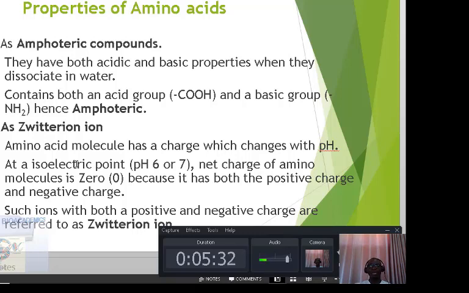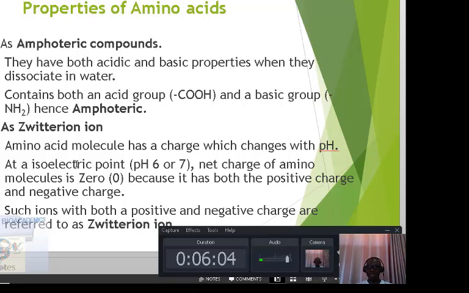When exposed to an acidic environment, the amino acid will tend to resist that particular change because it wants to remain at a neutral point, which is what we refer to as an isoelectric point, whose net charge is 0. Okay? Remember, when I've got positive or negative charges, if it's 1 to 1, then you come up with an overall charge of 0. And so the amino acid basically tends to resist that particular change in pH.